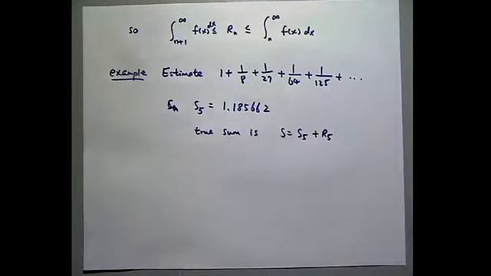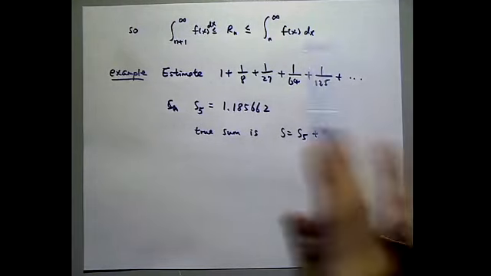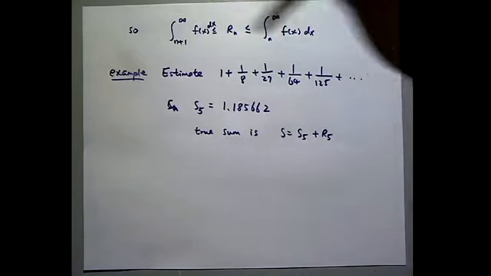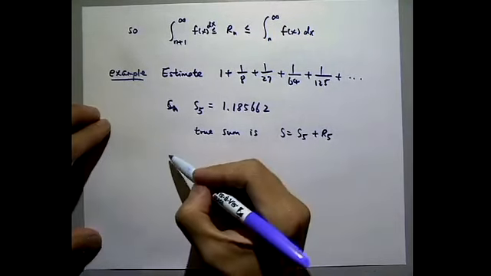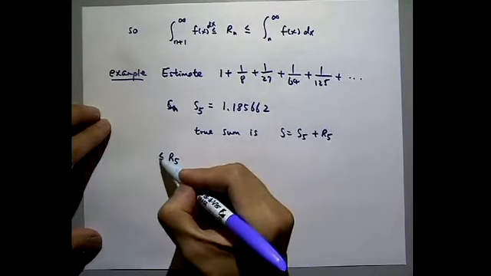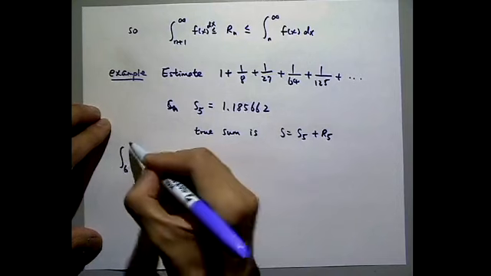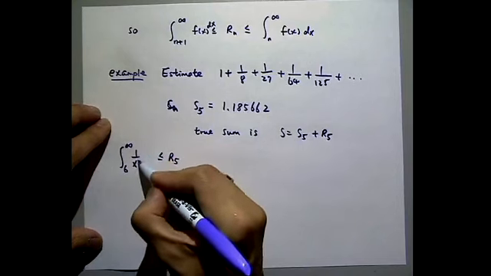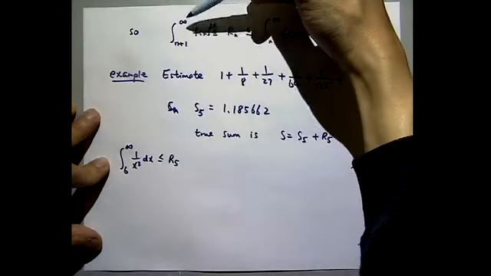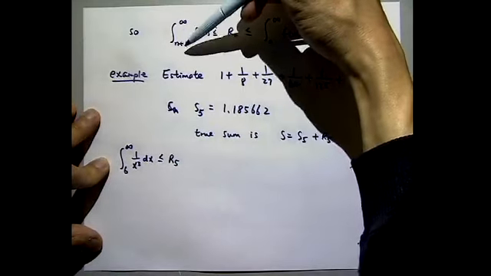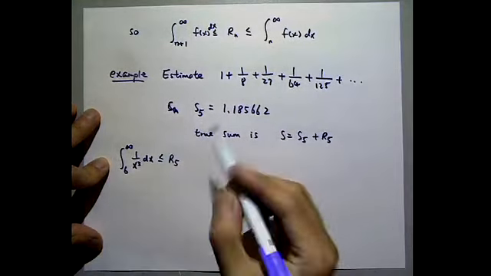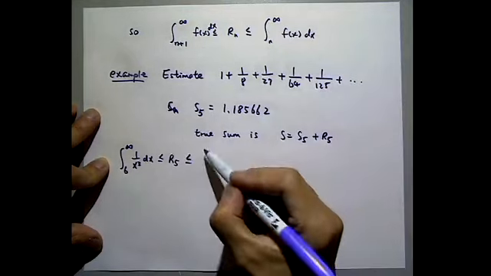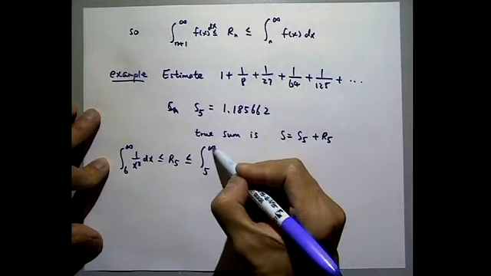But then the true sum is what I just got plus the remainder from the 6th term and beyond, right? So now I can use this to figure out how big this can get. The lower bound is the integral from n plus 1. We went up to 5, so we start at 6. The upper bound is starting at n.